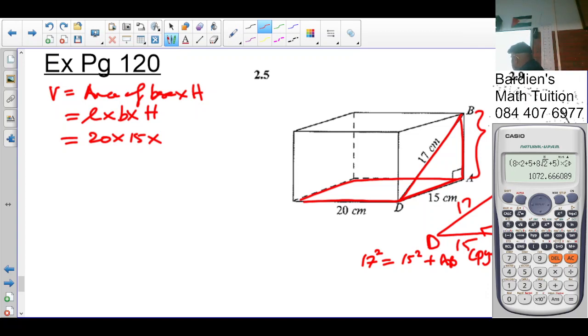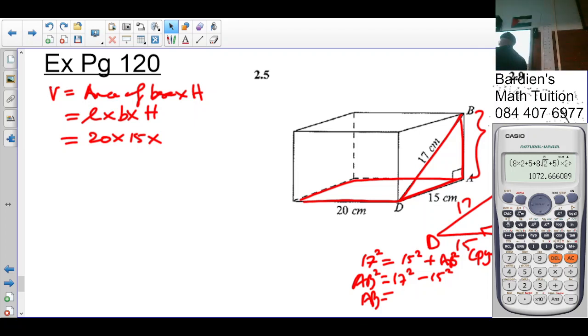No? So this AB squared is equal to 17 squared minus 15 squared. AB gives us an answer, 17 squared minus 15 squared, 64. We take the square root thereof. Square root of this is 8.